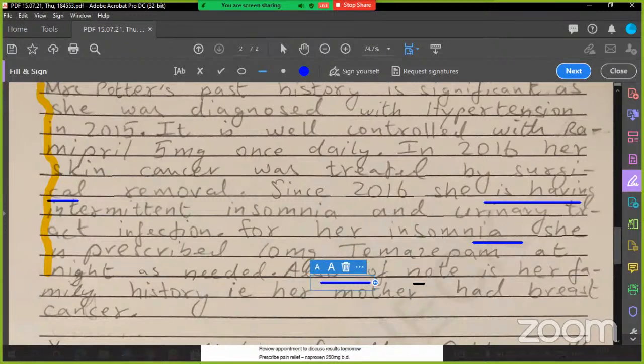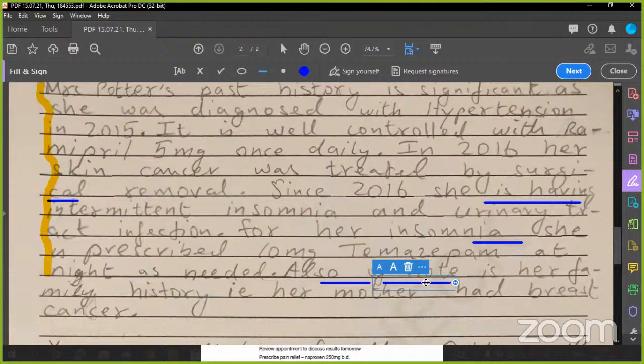Of note doesn't sound very fine, so avoid that one. Her mother had breast cancer. So she has a family history, you can say. You can write as a family history of breast cancer on the maternal side.